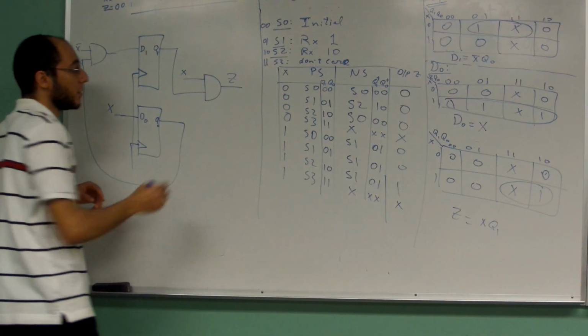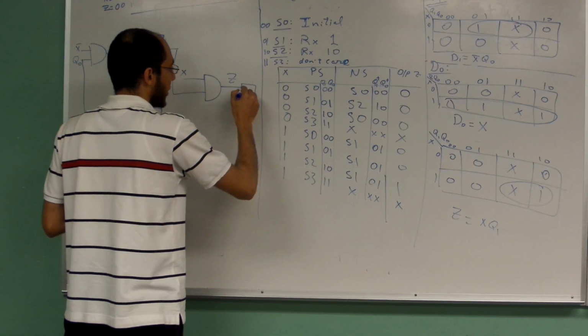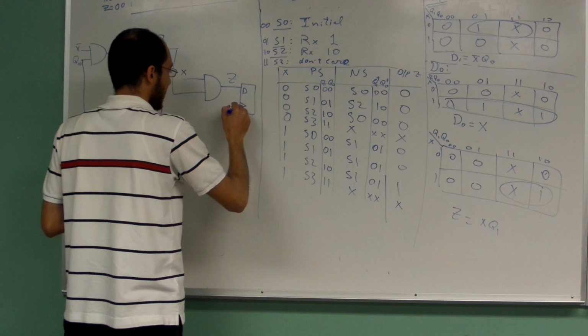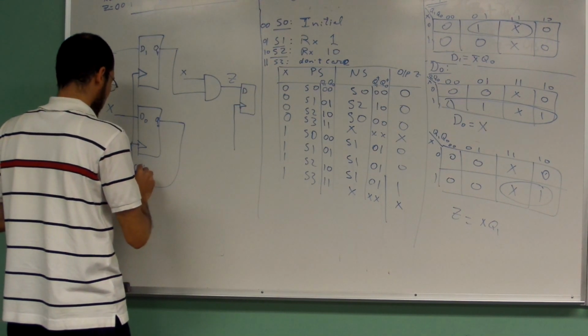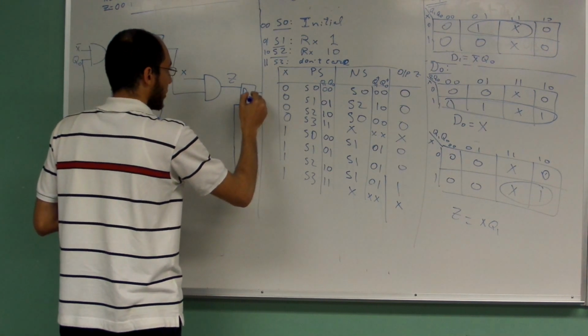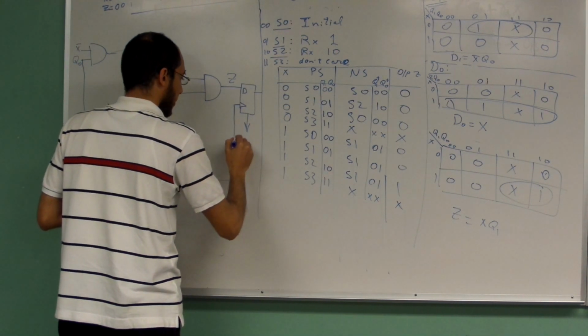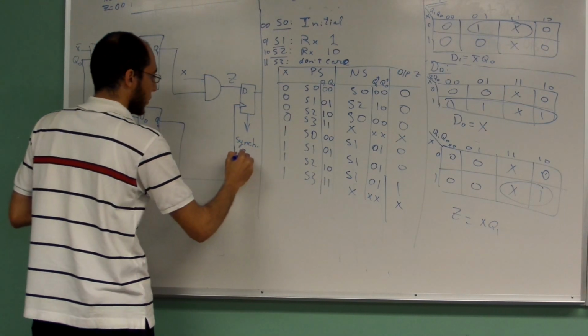It is very highly advisable to connect a D flip-flop here that has a clock connected to this clock. Why? This is called the sync flip-flop, the synchronization flip-flop. Okay?